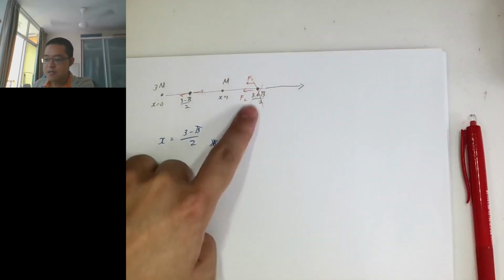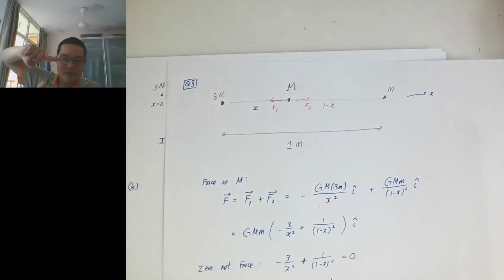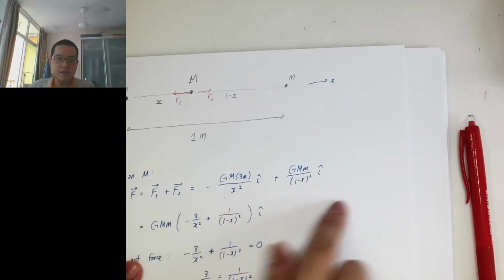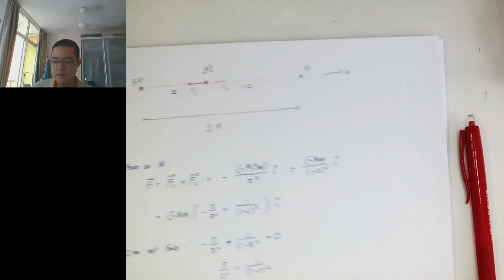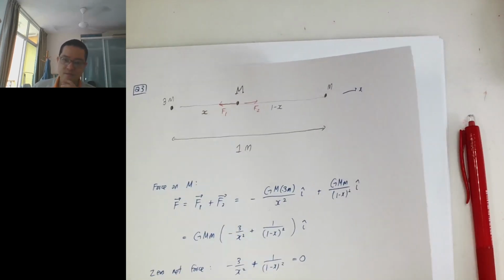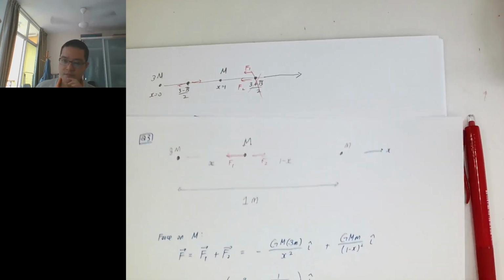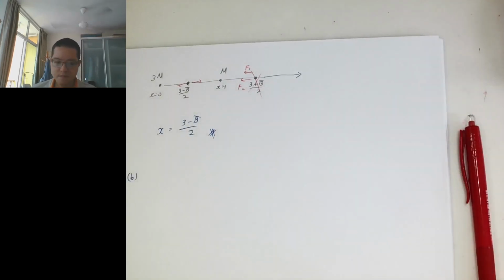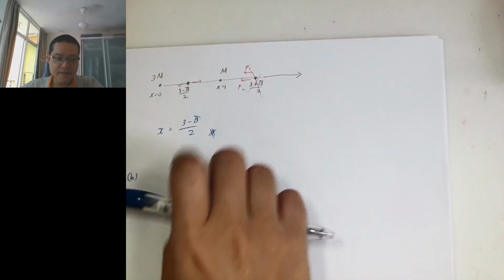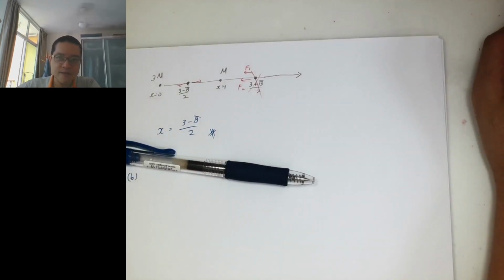But if I get the solution here, this is where the two forces are actually negative. So it is not consistent with what we started writing in the first place. So that's why. Make sense? Understand?